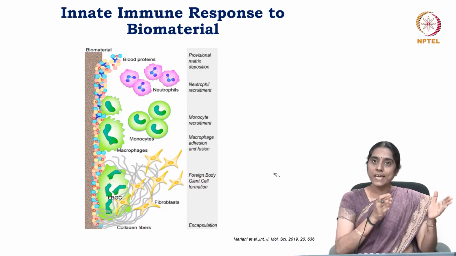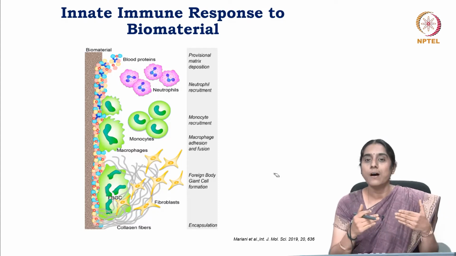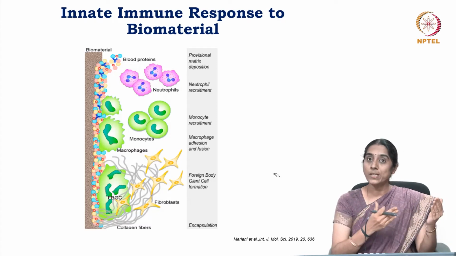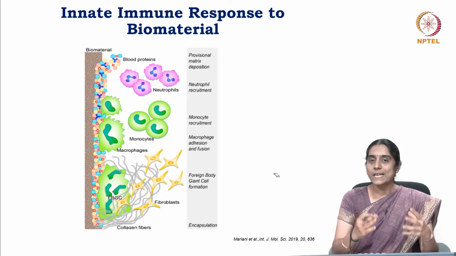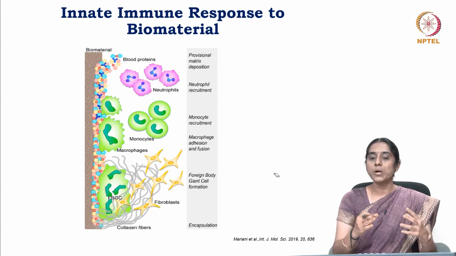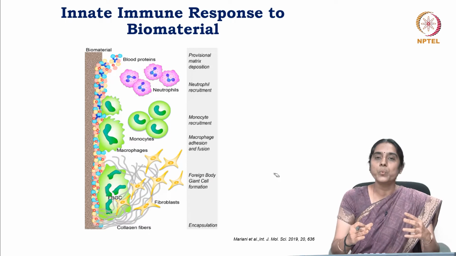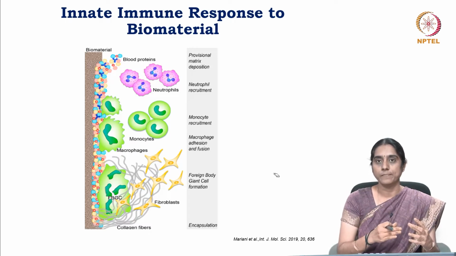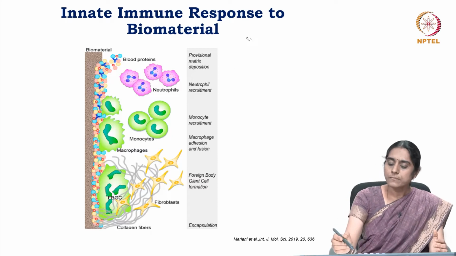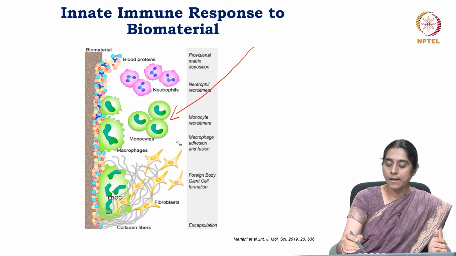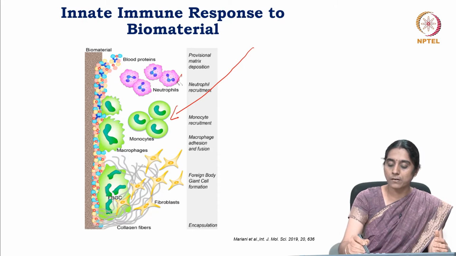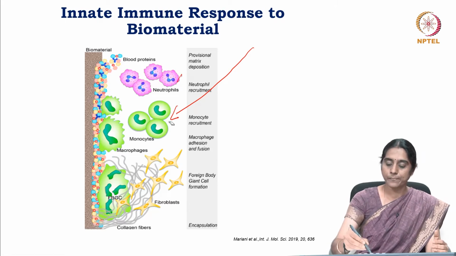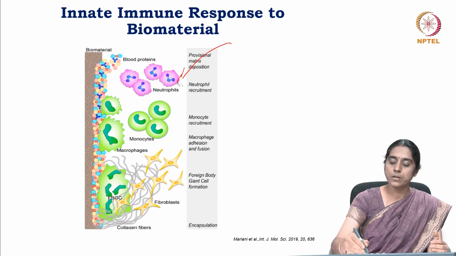Okay, if you see here, what this process actually is: there is an innate immune response which acts rapidly towards the foreign, newly introduced biomaterial, right. You can see that neutrophils are coming, and these neutrophils are recruited.